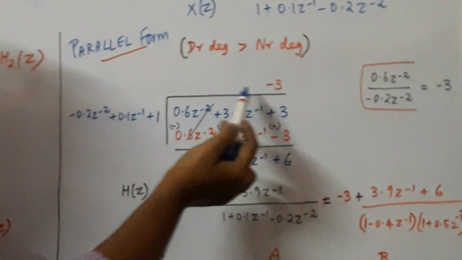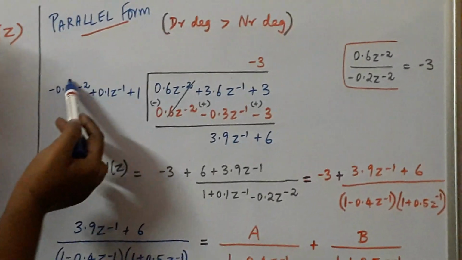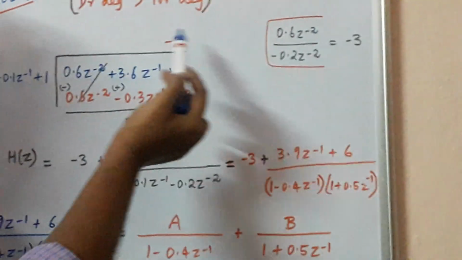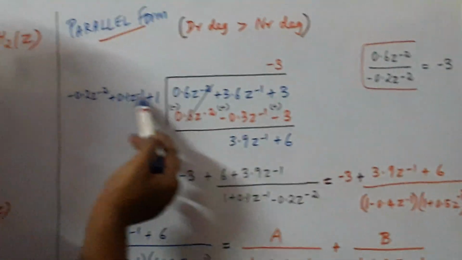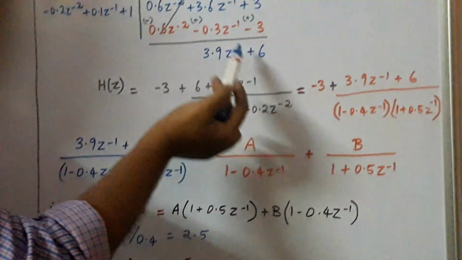To get the first term of the quotient, divide the first term of the dividend by the first term of the divisor. 0.6 z power minus 2 by minus 0.2 z power minus 2 gives minus 3. So minus 3 into the whole three terms, then do the division, you know that, and get the remainder. How do we write this remainder?